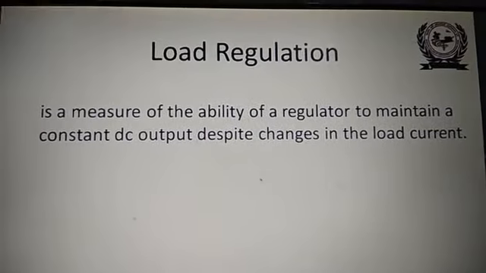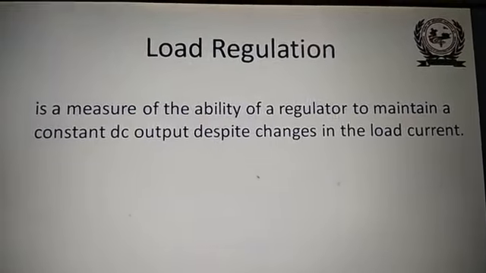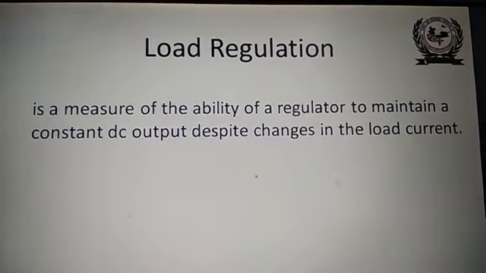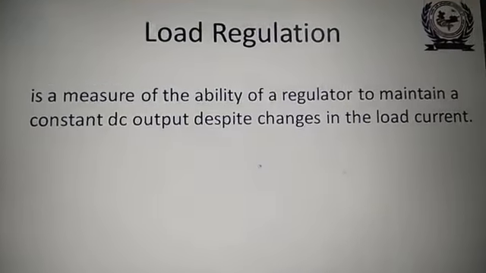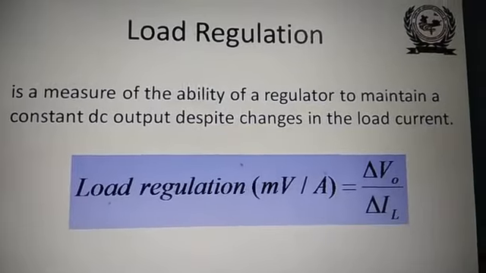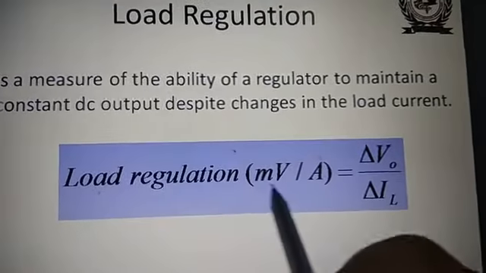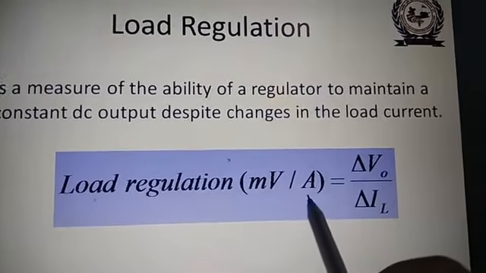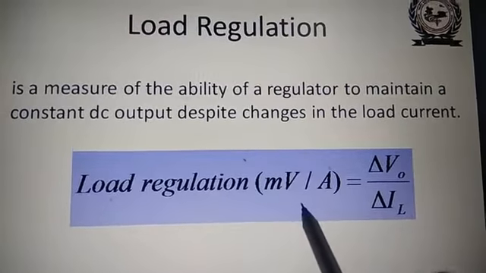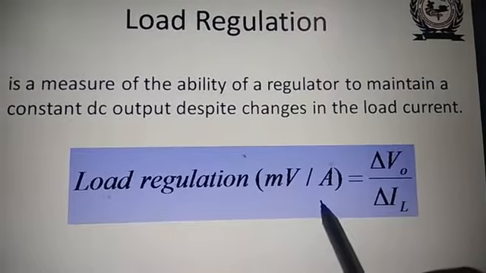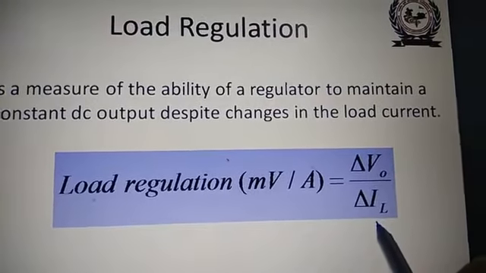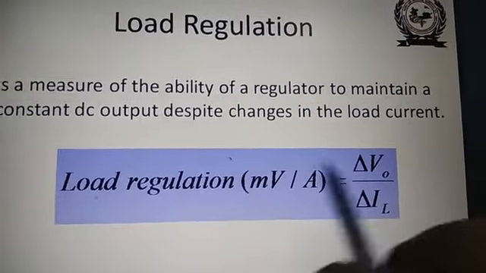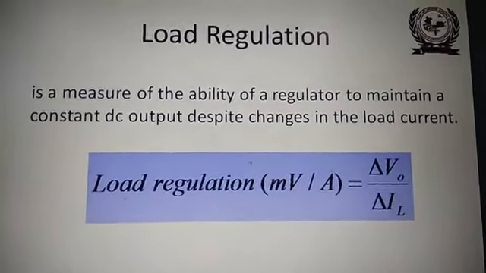So irrespective of the change in the load current, the output of the regulator is maintained constant. It's called load regulation. The formula for the load regulation is the change in output voltage with respect to the change in load current, that is millivolt per ampere is the unit, delta V naught upon delta IL. This is called load regulation.